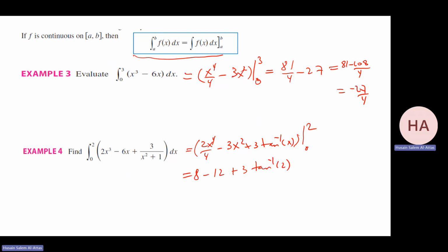Tan inverse of 0 is 0. So it will be 3. Is it from 0 or from 1? From 0. Okay, tan inverse of 0 is 0. So tan inverse of 2 minus 4.